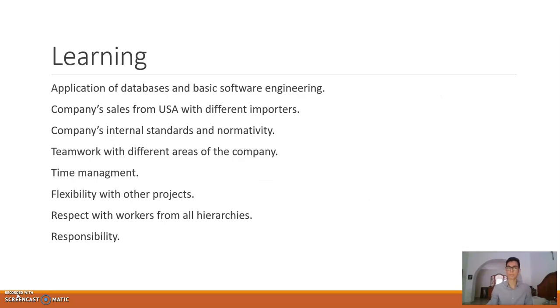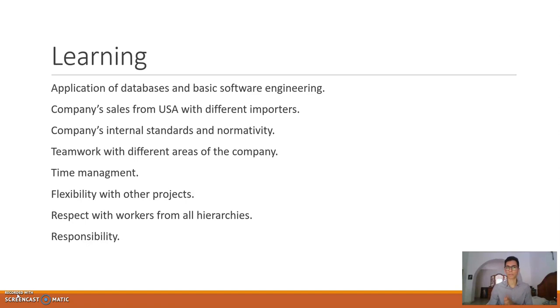My learning, I have to say that I learned a lot about the application and development of databases and basic software engineering. I also learned about the company sales from USA with different importers. I also learned about different protocols and normativity within the company.